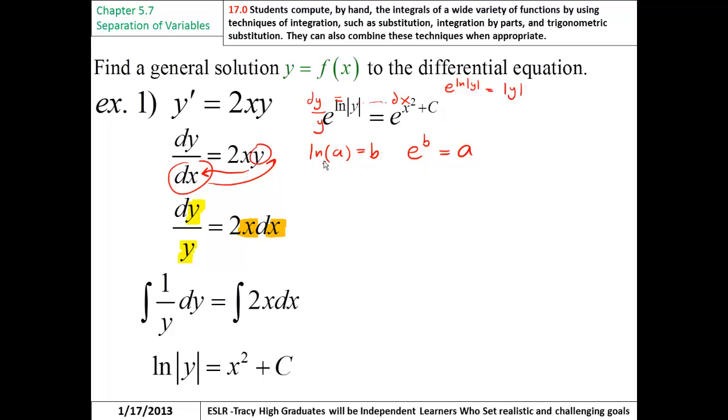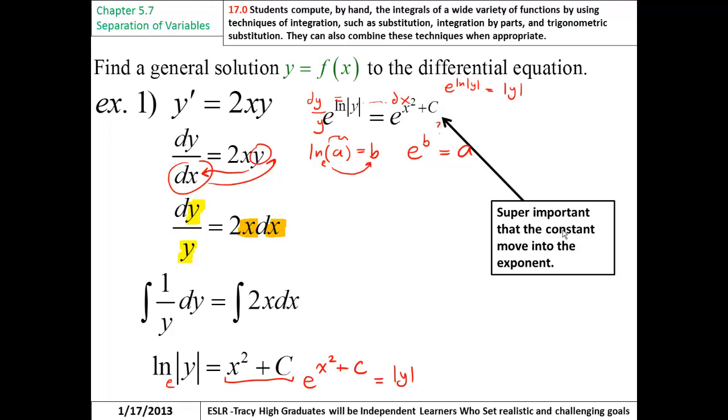So we have this base e here, so we're taking e to the b, and that's what gives us our inside. And so what we do in logarithms, it's saying e to the what gives me a. And so you can almost think of it like this too. e to the what, and that what is here, e to the x squared plus c gives me the absolute value of y. And so that's how that kind of works out.